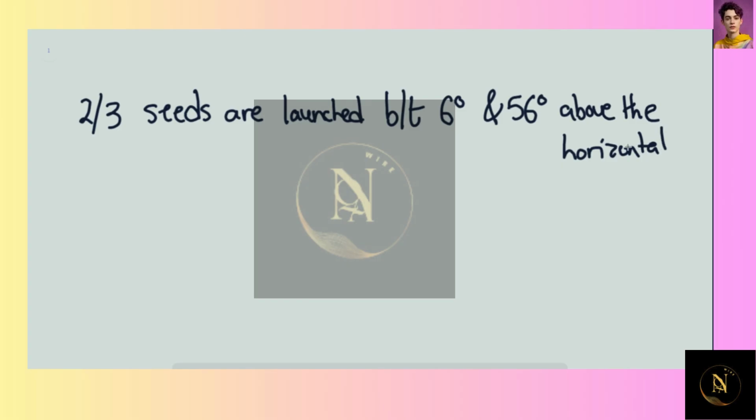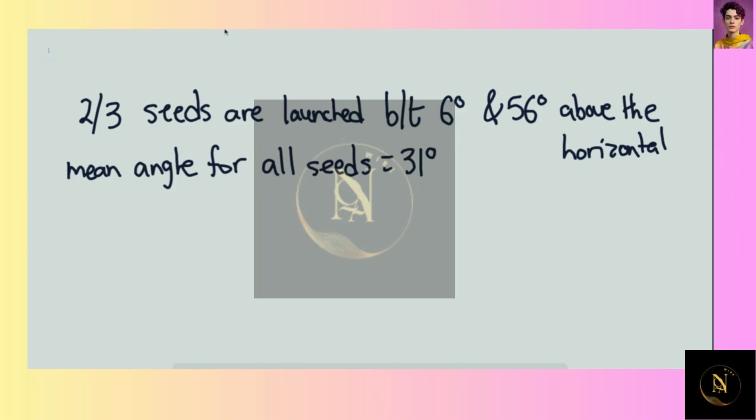We know that the mean angle for all seeds is 31 degrees. And we know that the range of projection angles would be anywhere from -51 degrees to 75 degrees.